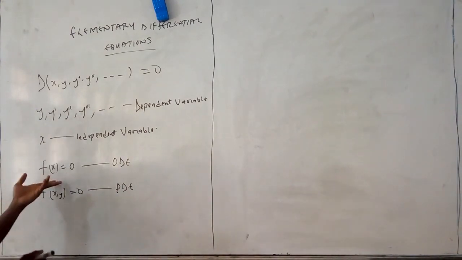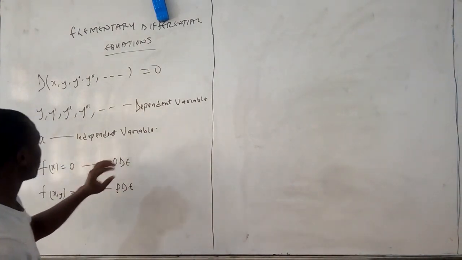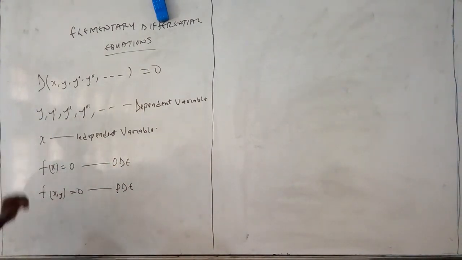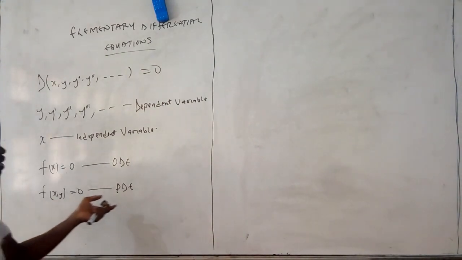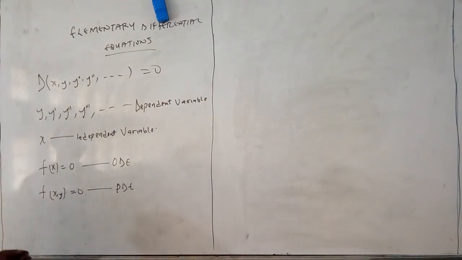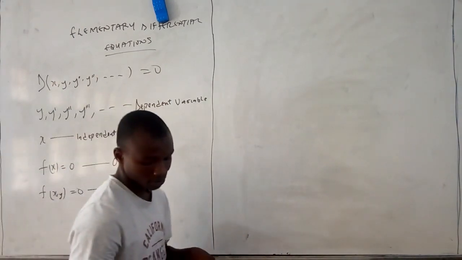The ordinary differential equation is a differential equation that depends on one variable, while the partial differential equation depends on two or more variables. Like this, it depends on x and y, while here it depends on x only.